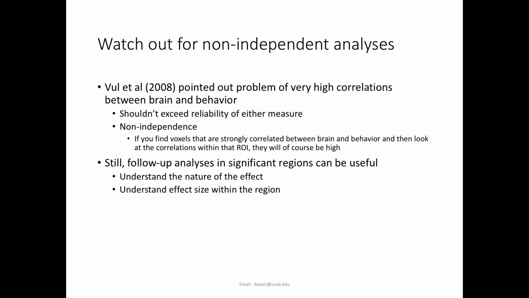Okay, but one of the things you really need to watch out for with any of your region of interest analyses is this idea of non-independent analyses, or circular analyses.